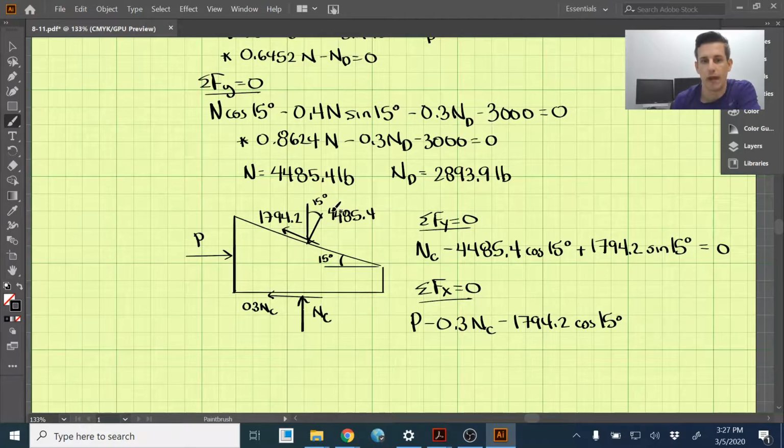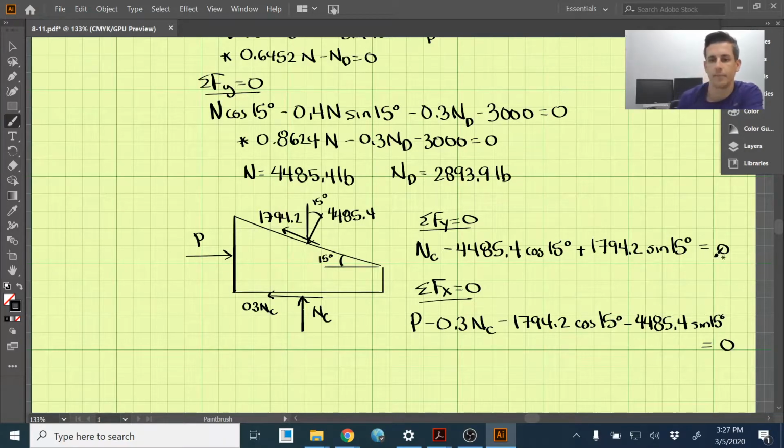And then we also have the normal force here, and that should be negative, which is 4485.4 sine of 15, and that is equal to 0.